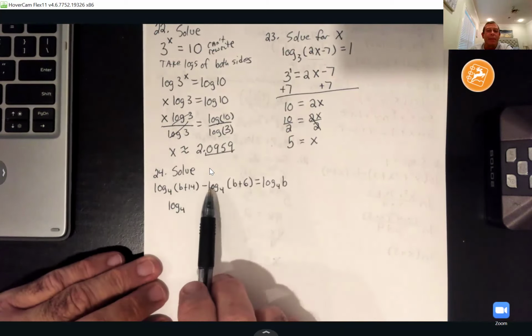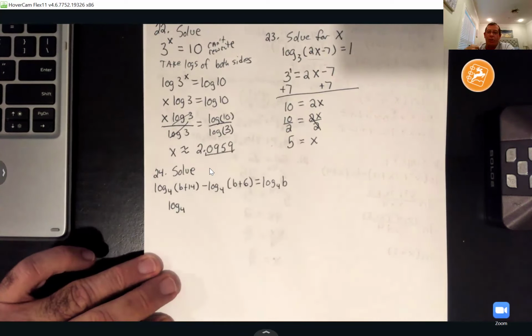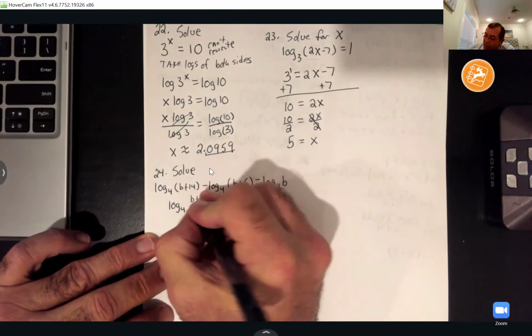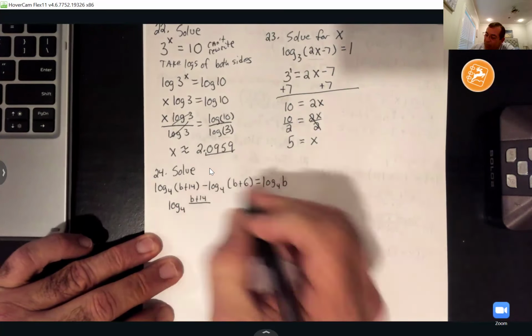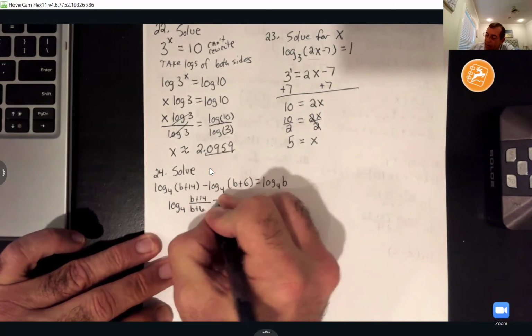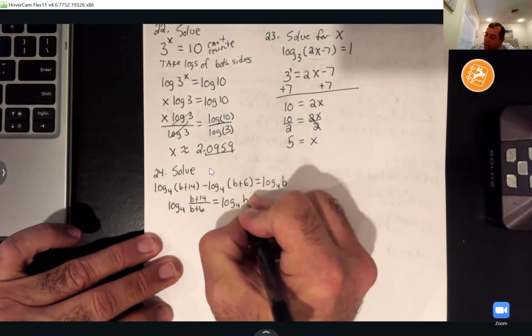So remember, since it's being subtracted, we're going to write it as a quotient. Good job. So the b plus 14 is going to the top over the b plus 6. That's going to equal the log base 4 of a b.